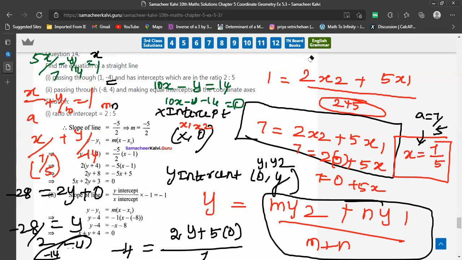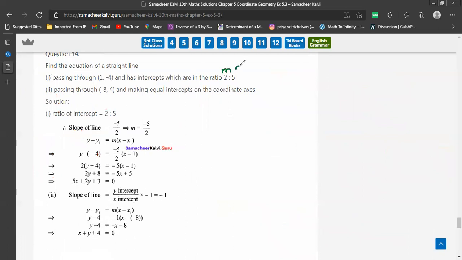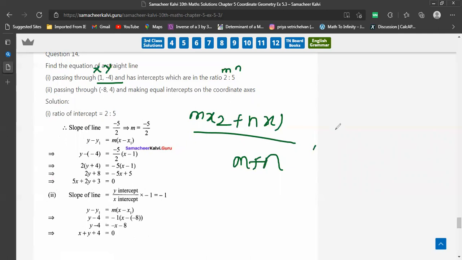So here you have to use the section formula for solving this, Manasi. When they give a ratio, you will assume the ratio as m and n. You will assume this is capital X and capital Y. You have to be aware of this formula. It's mx2 plus nx1 upon m plus n, comma my2 plus ny1 upon m plus n.